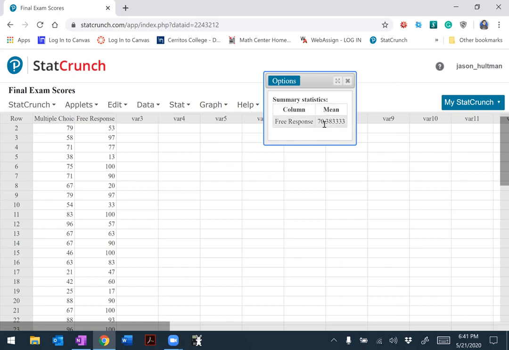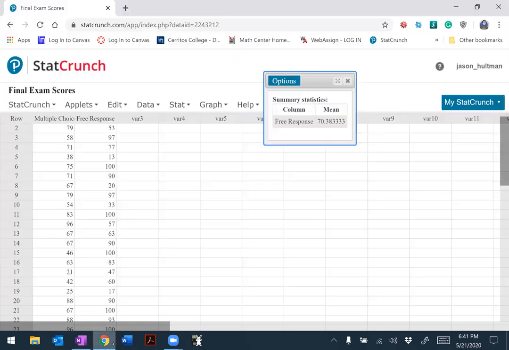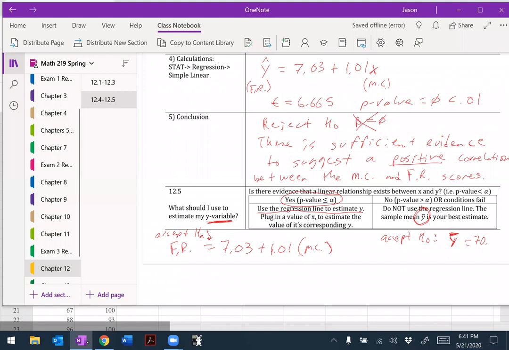That's the y bar. Was it 70.3 or 70.4? 70.4.